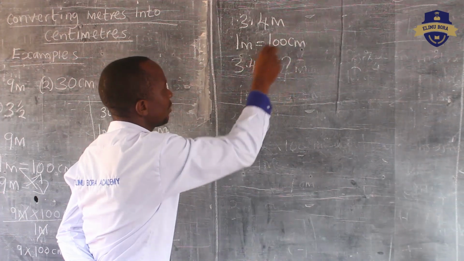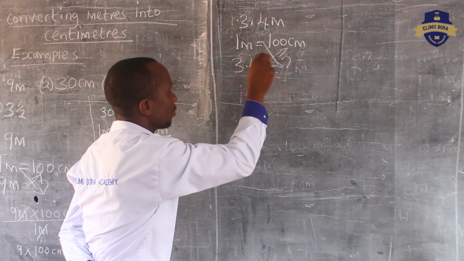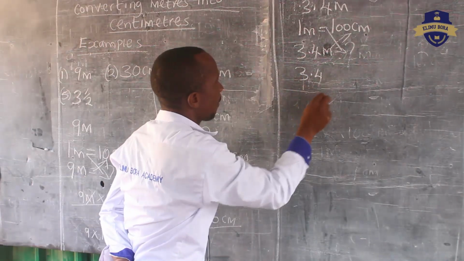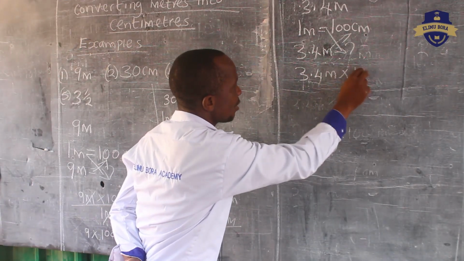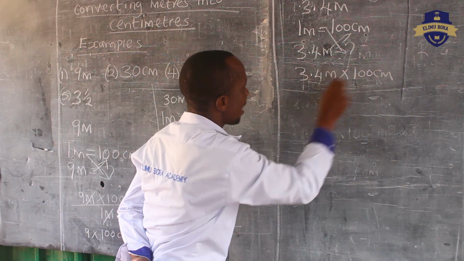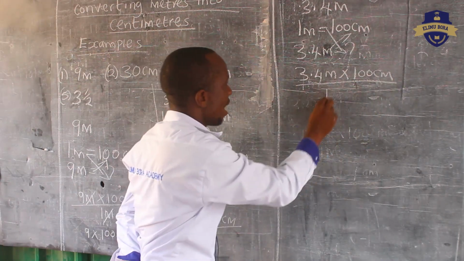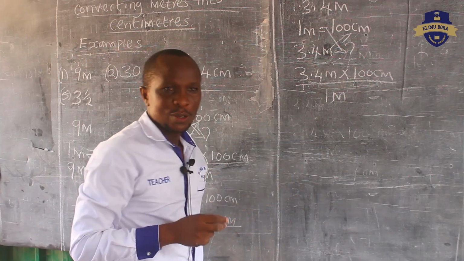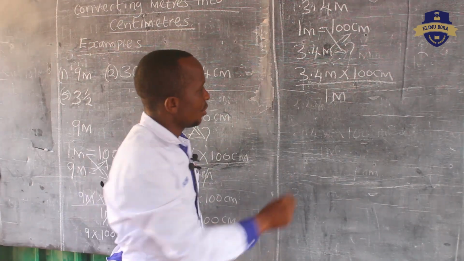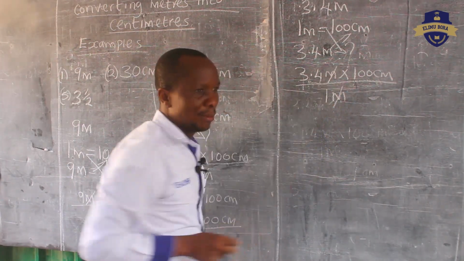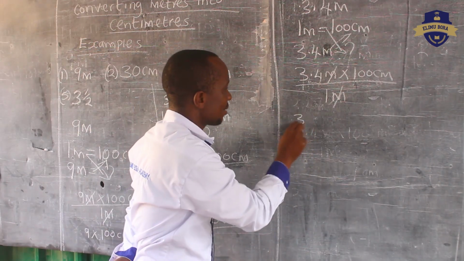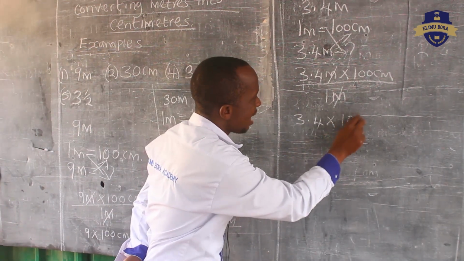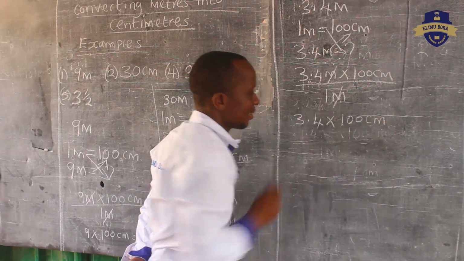You do cross multiplication. You take 3.4 meters multiplied by 100 centimeters all over 1 meter. We cancel meter and meter. We remain with 3.4 multiplied by 100 centimeters.